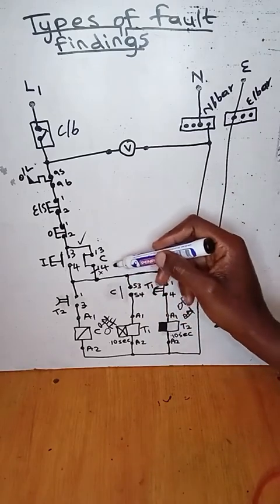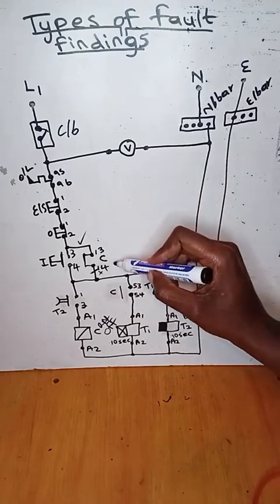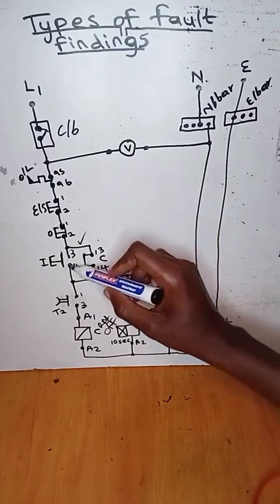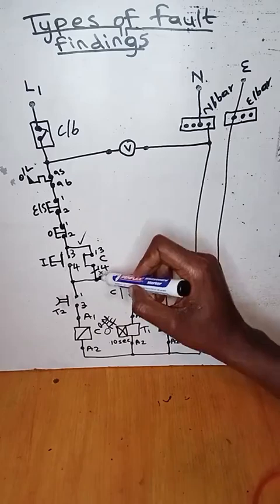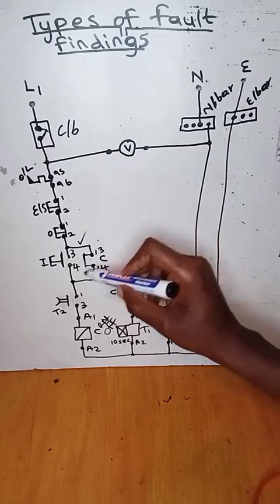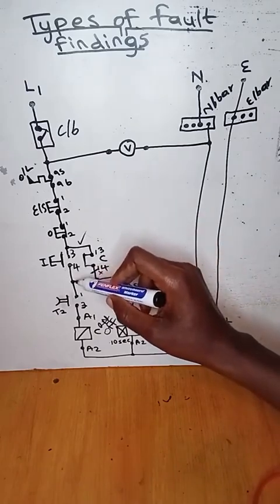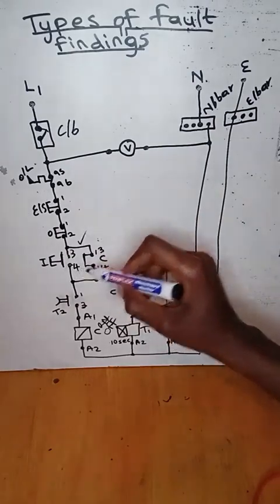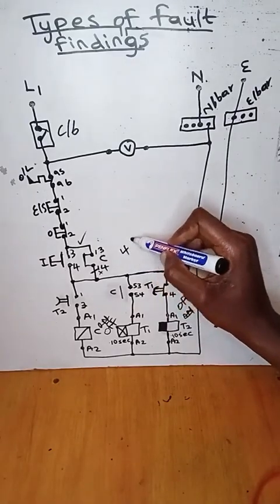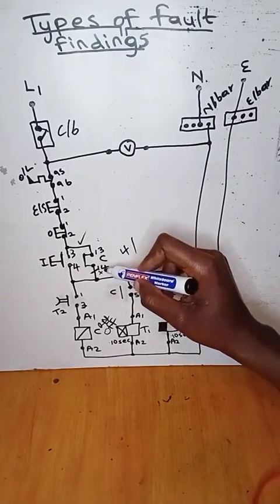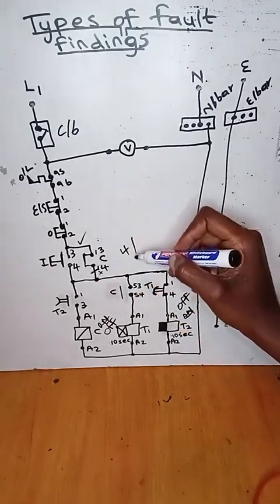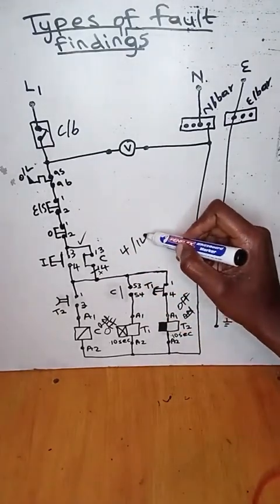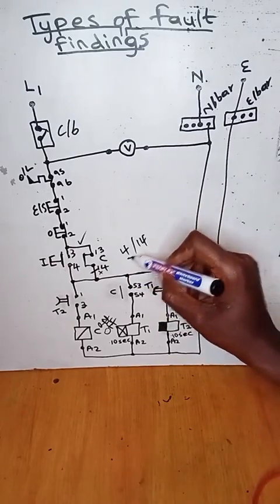So which means our fault will be from number 4 out. You will say it is number 4 out of the output of start button, and also number 14, which is the retainer of a contactor. So this is where you got your fault.